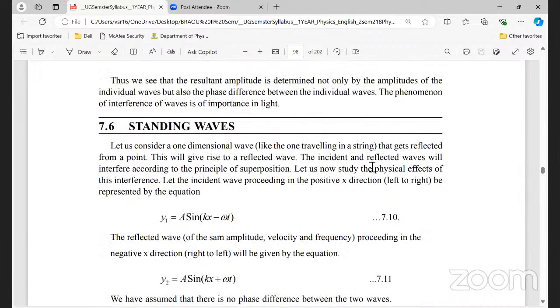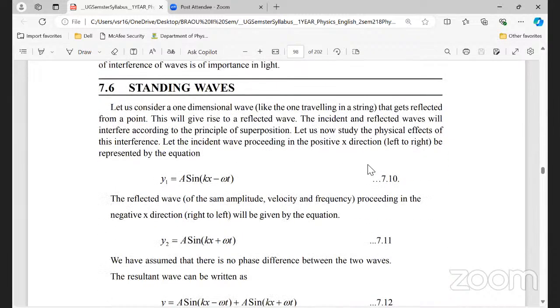Next, standing waves. Let us consider a one-dimensional wave, which means a wave that can propagate in only one direction. You can observe this in the case of a wave traveling along a string.